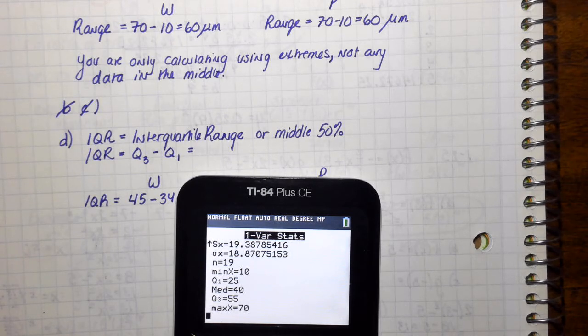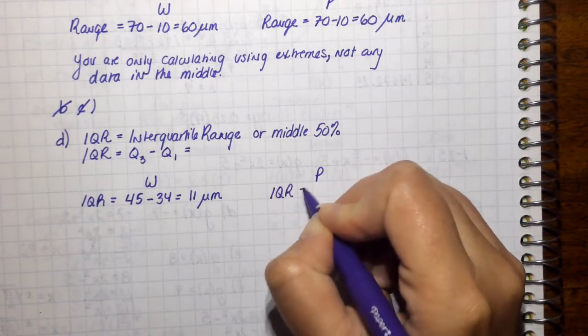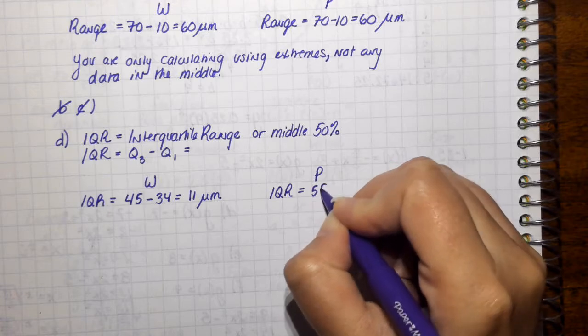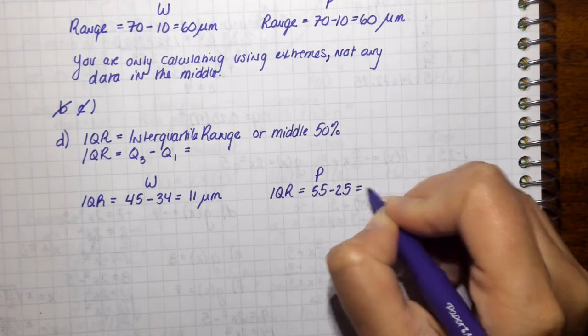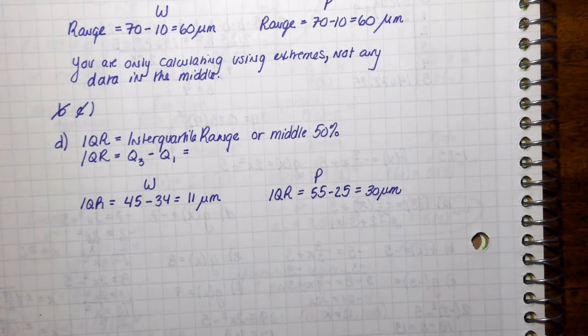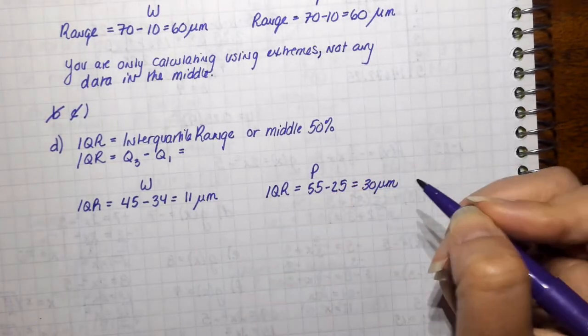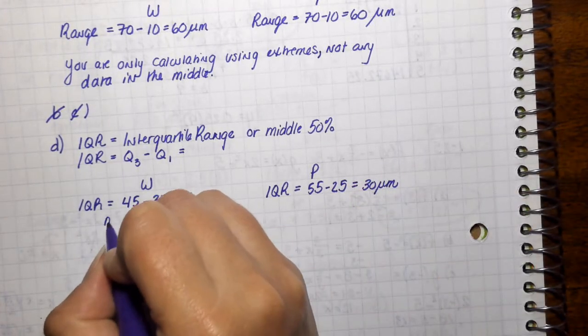Alright, so Q3 is 55 and Q1 is 25. Okay, and what does this mean? Sugar P is more spread out, so sugar W is more consistent.